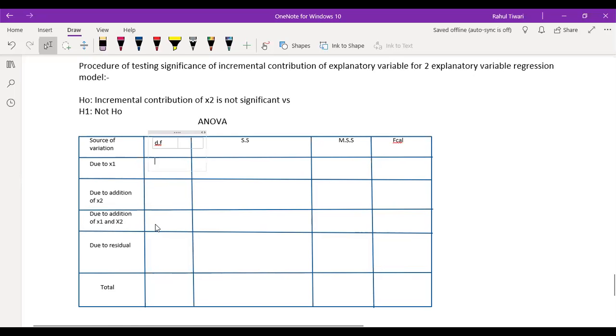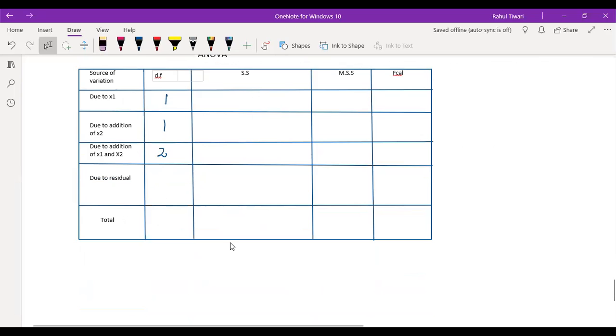So this is going to be 1, this is going to be 1, and this is 2, because we are adding 2 variables. Total, we have n observations minus 1, so n minus 1 degrees of freedom.